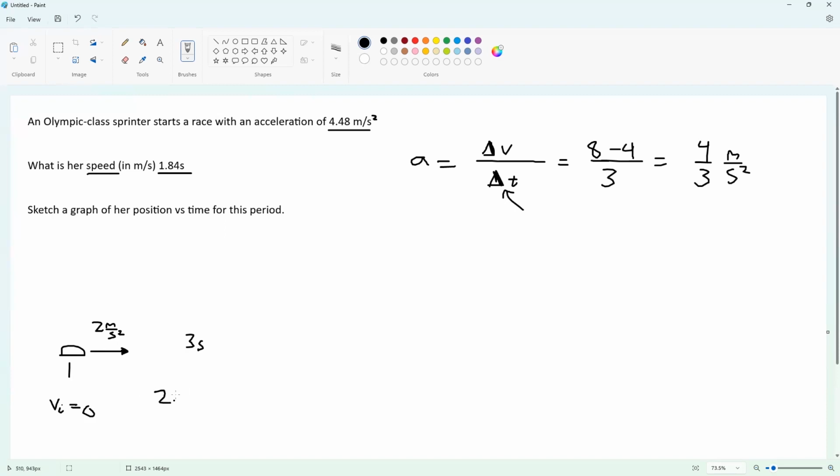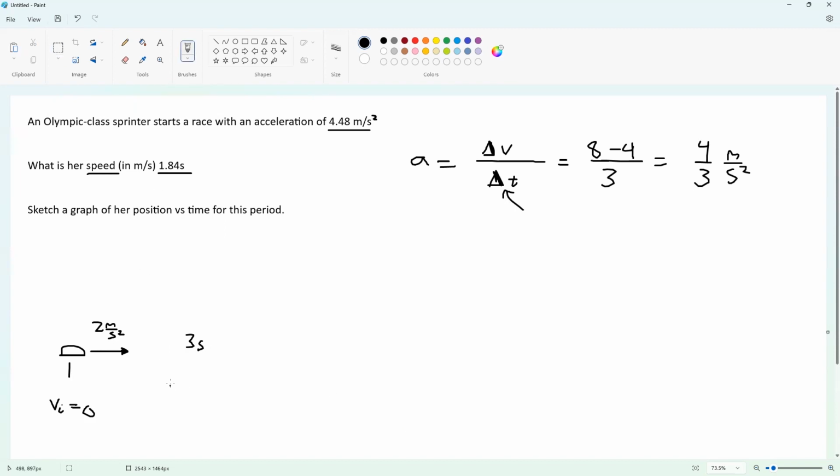If you write down the units, meters per second squared times 3 seconds, this cancels out one of these seconds, and we end up with meters per second. So we can prove that acceleration times time is equal to a velocity or speed.